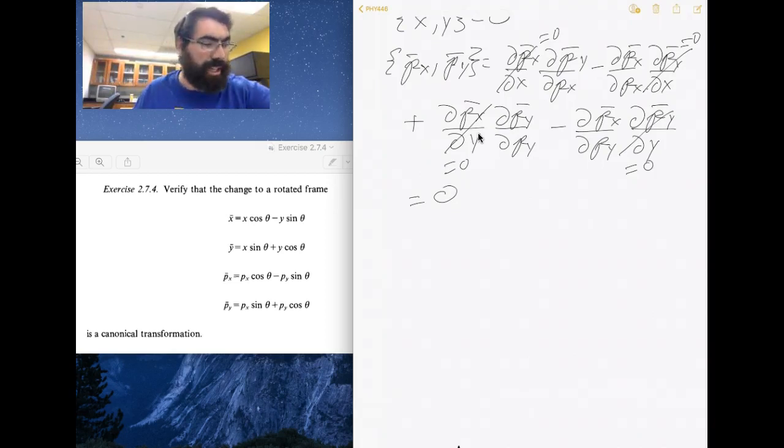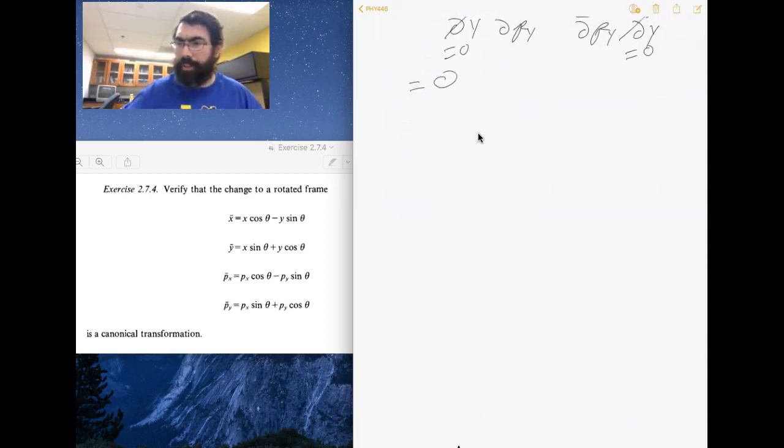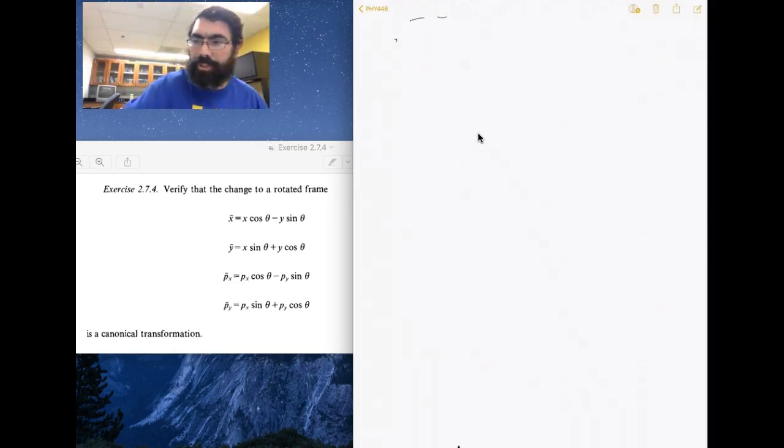Now let's check out the Poisson bracket for x bar and py bar.